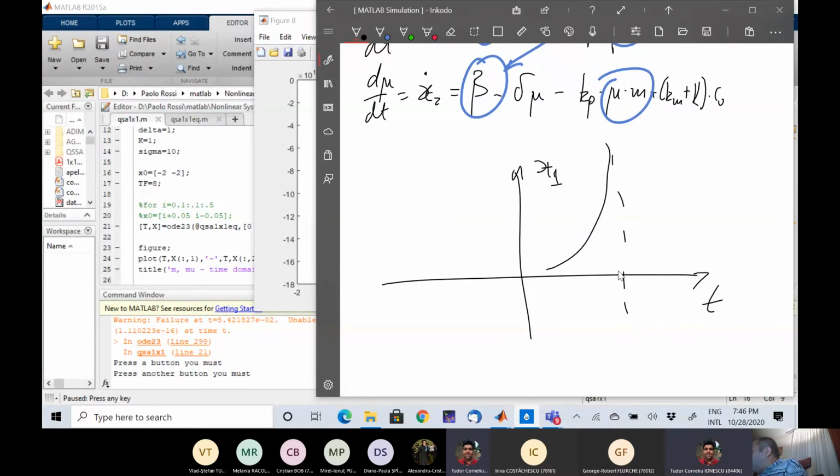Whenever you approach this moment t0, the value goes to infinity, but the step size cannot be increased anymore. The x will grow a lot, but the time step will be below the lowest. You see how low the time step is; it's almost zero, not epsilon machine, but almost zero.